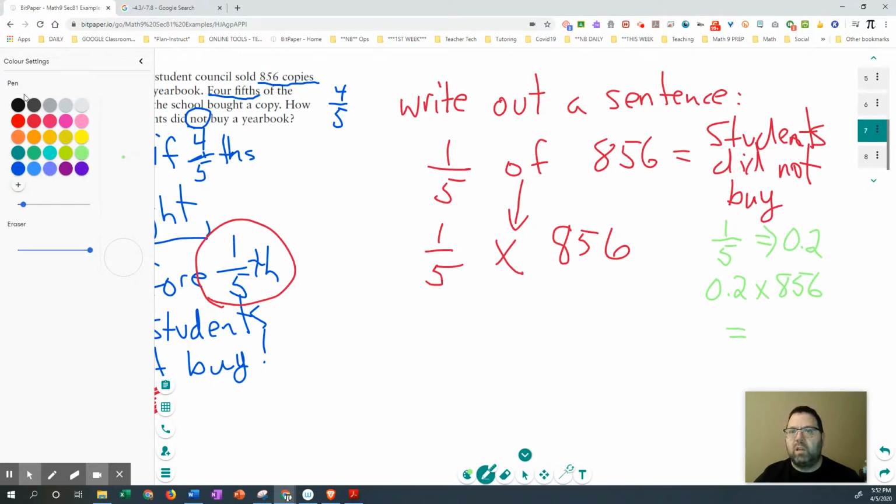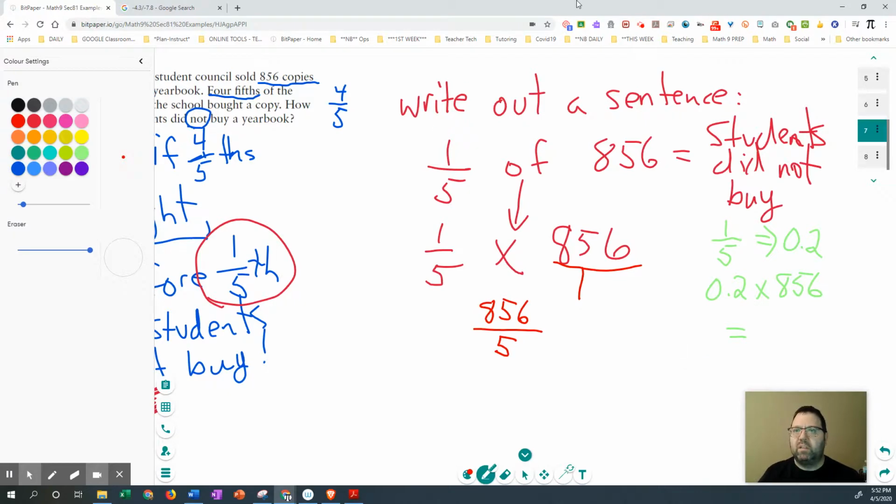Or, keeping on with what we were just writing, 1/5 of 856, that's the same as 1/5 times 856 over 1. When you multiply, you just go straight across. So basically, this comes out as 856 divided by 5. You will get the same answer.